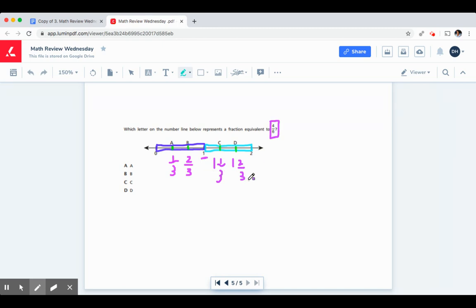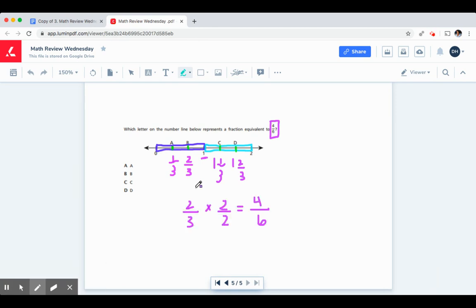And we can figure that out by multiplying by a form of 1 to make these denominators into 6. So I want you to do that on your paper right now. Multiply the fractions that we labeled by a form of 1 in order to have a denominator of 6, and figure out which of these fractions is equivalent to 4/6.